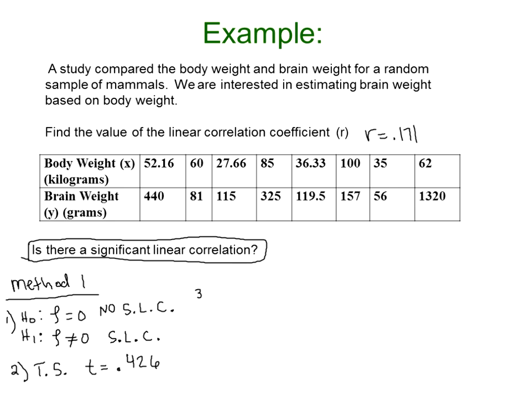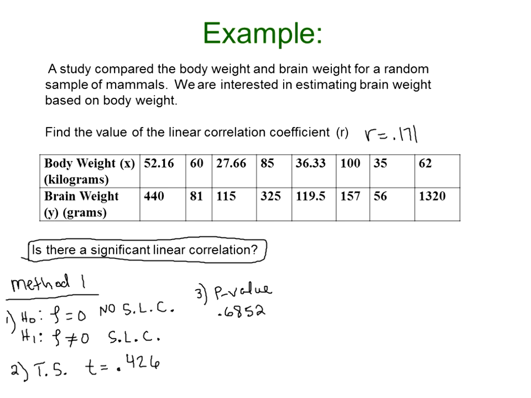My third step is to write down my p-value. And the p-value was 0.6852. Okay, so now I have to decide whether I reject the null hypothesis or fail to reject the null hypothesis. Remember, with the p-value method, you're comparing your p-value to alpha. Alpha's our significance level. Did I give you an alpha for this example? I didn't.